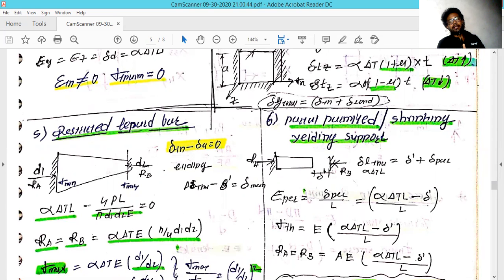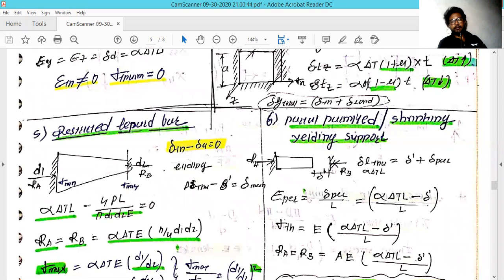And the other thing is the gap between them. So you can take note that the change in length due to the thermal stresses is equal to the gap between the wall and the rod plus the permissible strain in that rod.